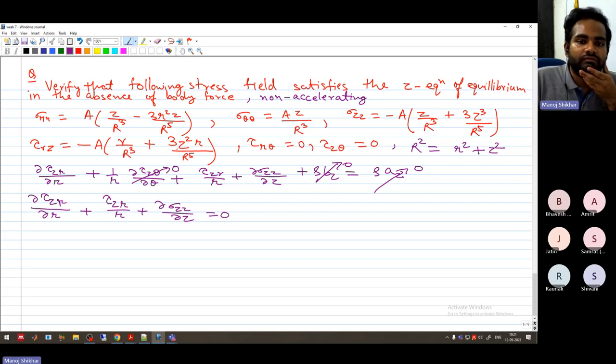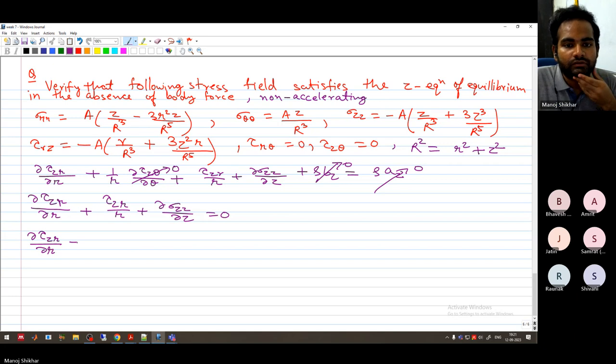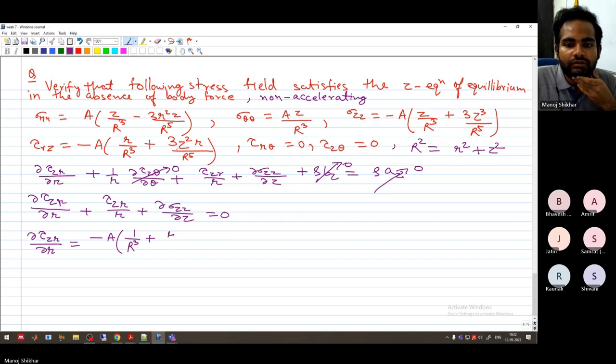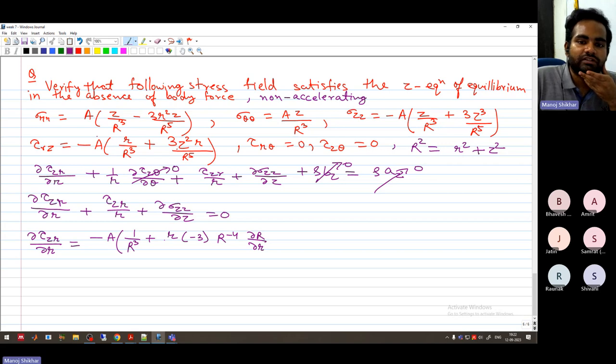So let's put everything here. Del tau ZR upon del r will be minus A times 1 by R cube plus 3Z square by R to the power 5, and I'm just differentiating this with respect to small r.